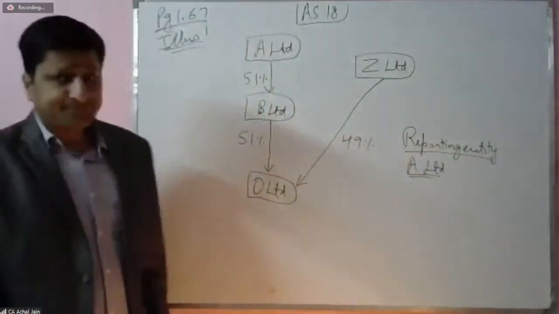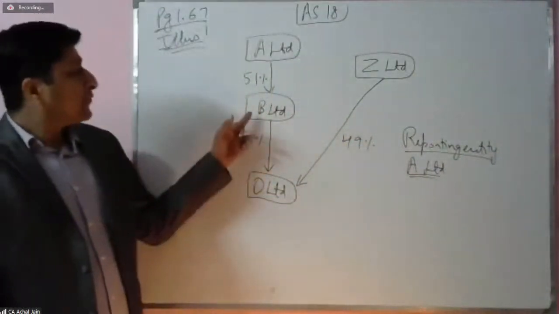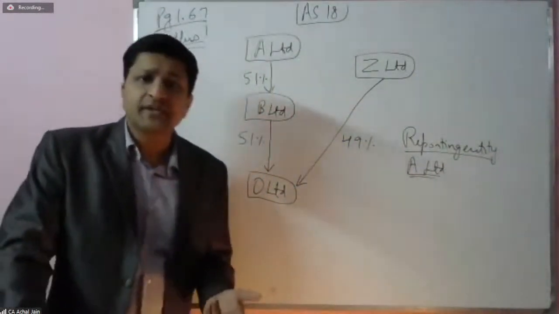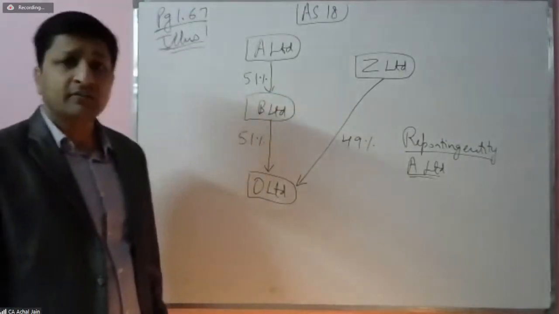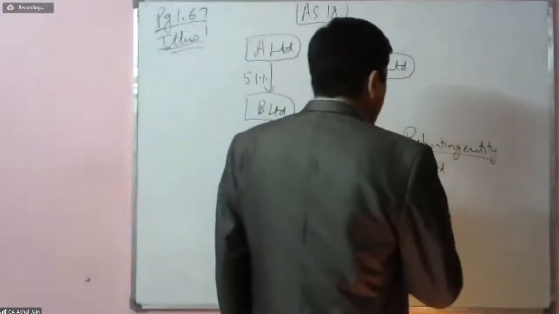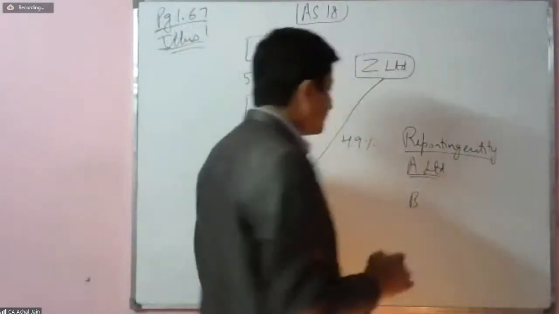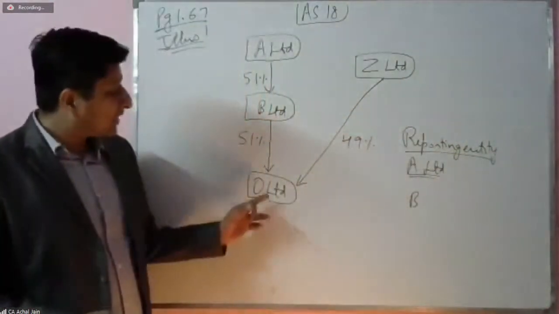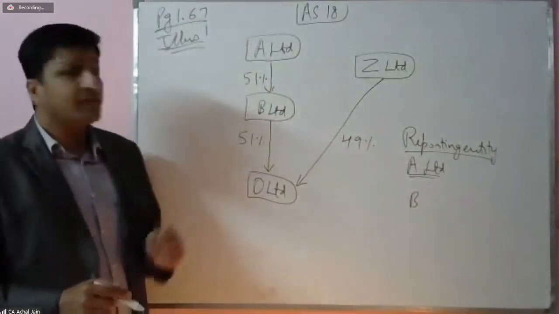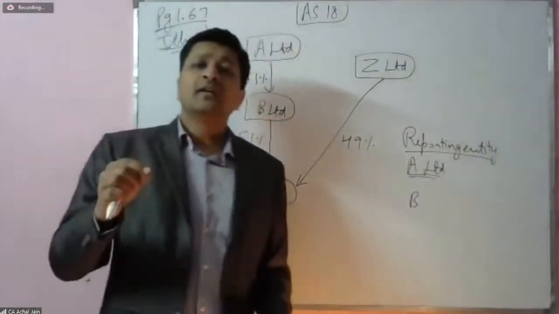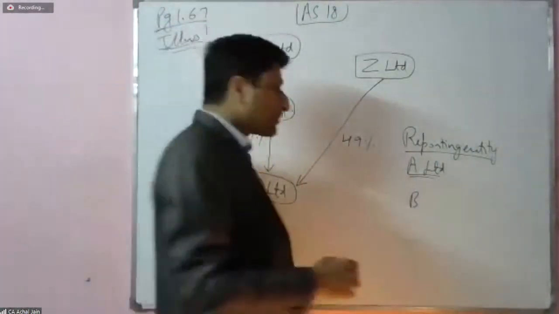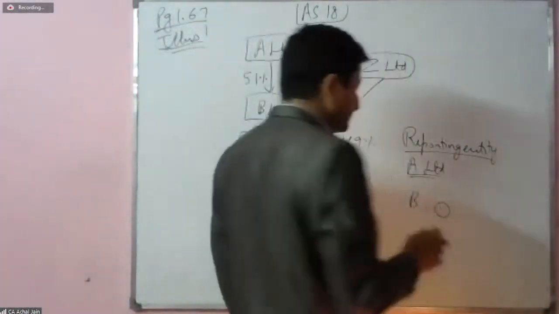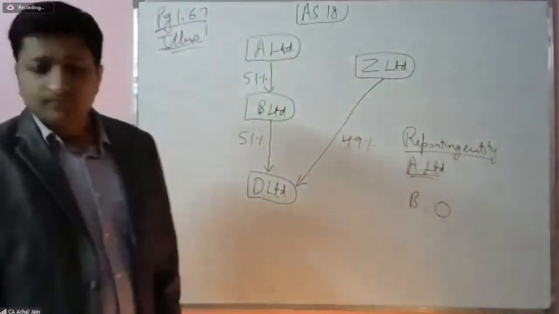Now for A, if we look at B, B is a subsidiary of A. So B therefore will be related to A. And if you look at O, O is a subsidiary of B, or you can say an indirect subsidiary of A. So O Limited will also be related to A. Correct?